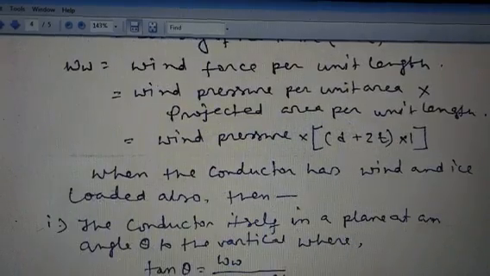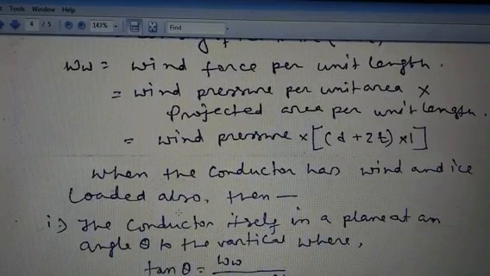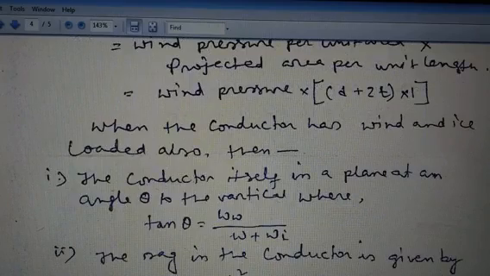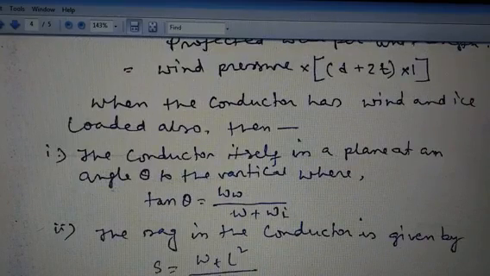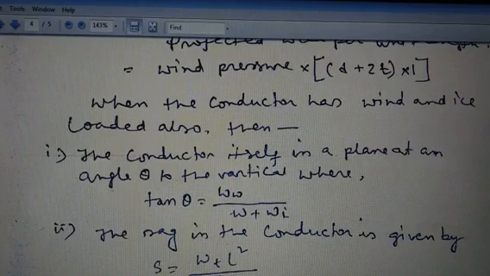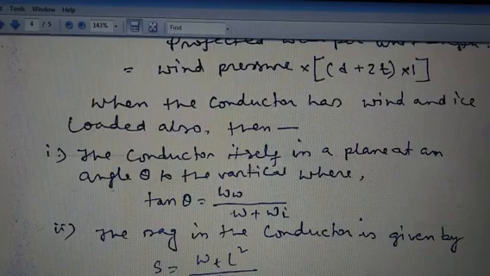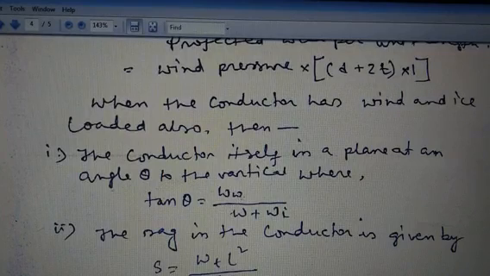When the conductor has both wind and ice loading, the conductor itself lies in a single plane at an angle theta to the vertical, where tan theta equals Ww divided by (W plus Wi).